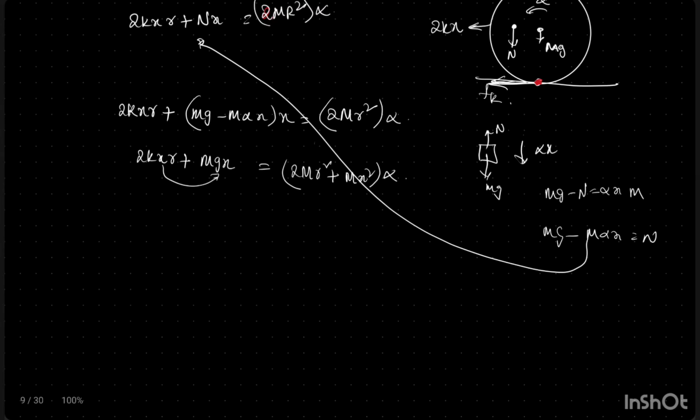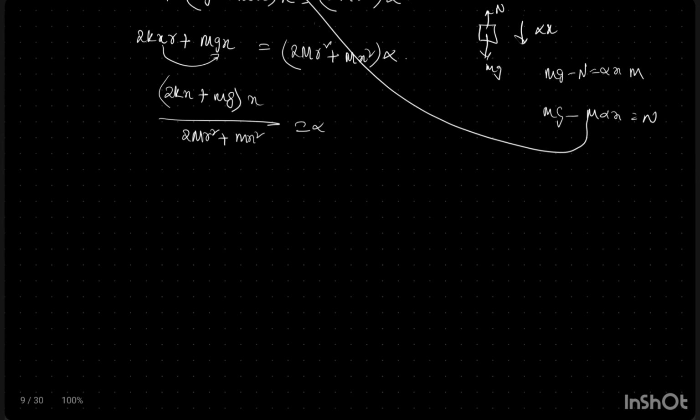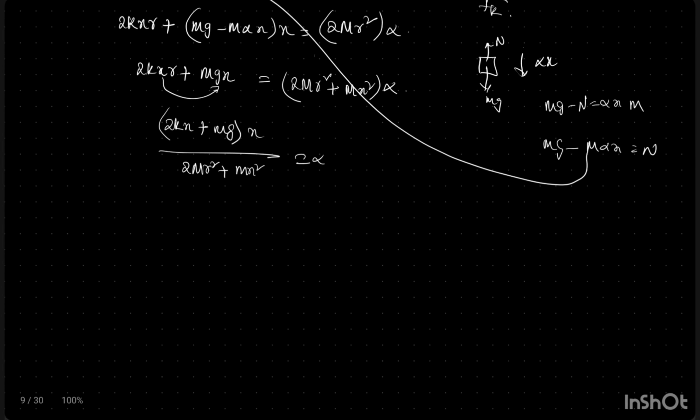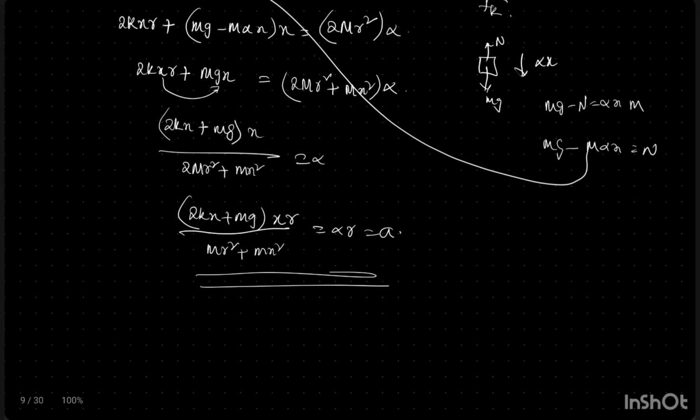If we take x common out, 2kr plus mg into x, divided by 2m r square plus m x square, this is alpha, and if we multiply it with the radius, we will get the acceleration. That is 2kr plus mg into x into r divided by 2m r square plus m x square equal to alpha into r, which is the acceleration. So this is the answer we needed.